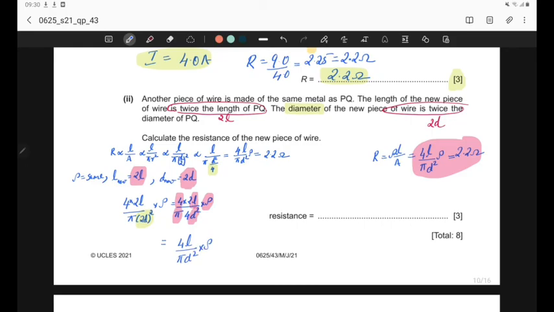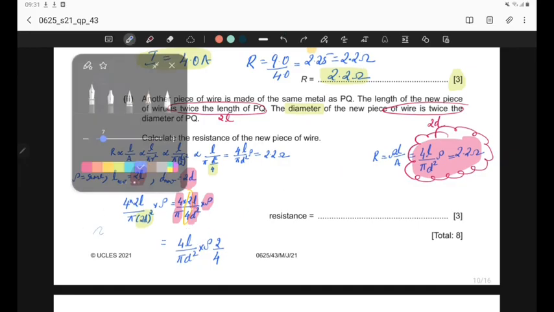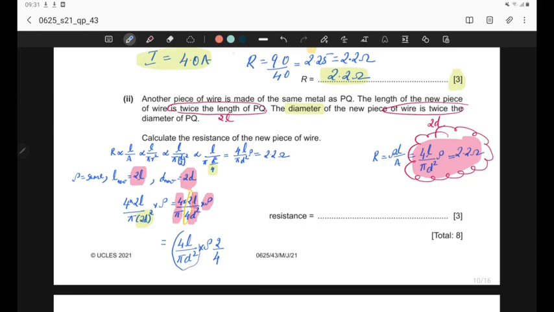The remaining terms are 2 over 4, which I write at the end. In the case of the first wire, we had already concluded that 4L over pi d square times rho is 2.2, so you can substitute 2.2 here.